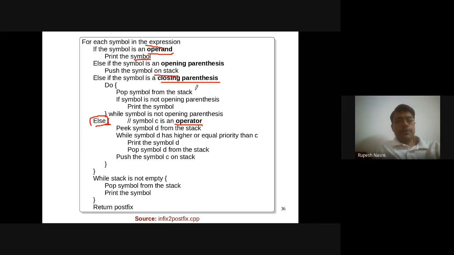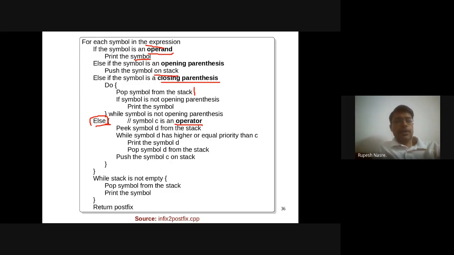So we pop the elements from the stack, and this will work even if the arity of the operator is something else, not necessarily binary.